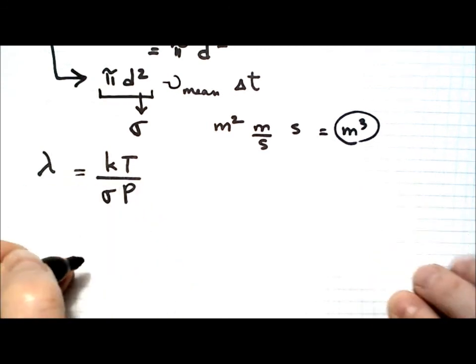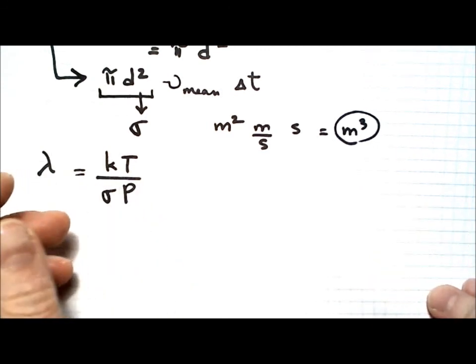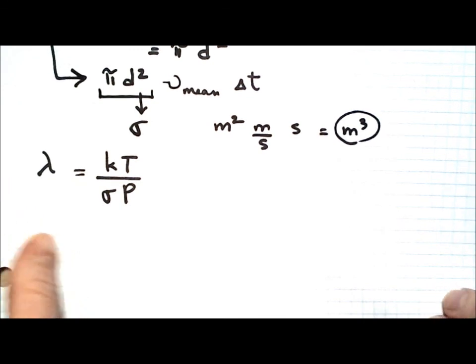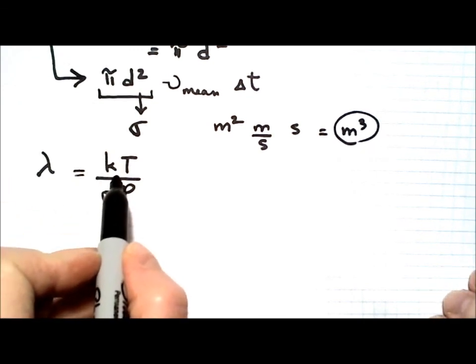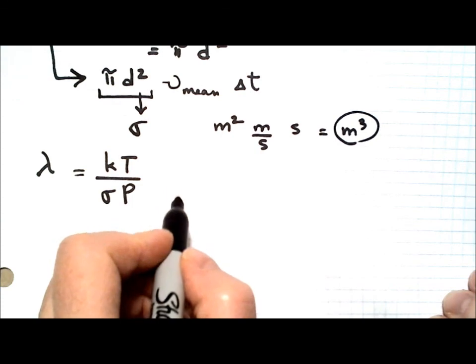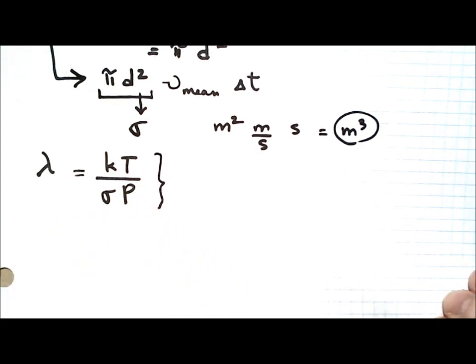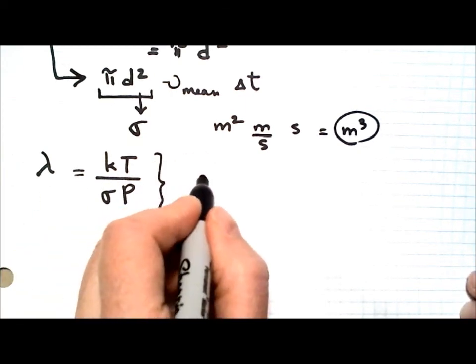And we got this. Let's just do out the units for this. So k is the Boltzmann constant. The Boltzmann constant is always given in a test situation, but its units are joule per Kelvin.